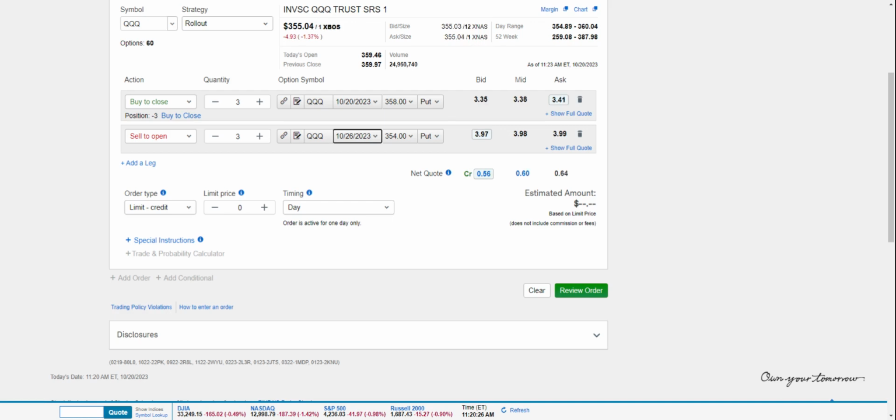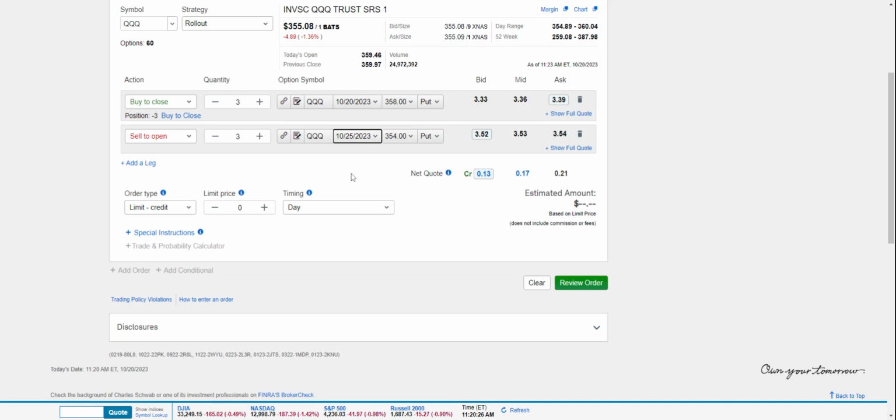Okay. So I'm going to go ahead and, you know what? Let me see a closer expiration. Okay. So I can still do this with Wednesday expiration. The closer the expiration, the better for me as an option writer or an option seller, because there's less time for the market to go against me.